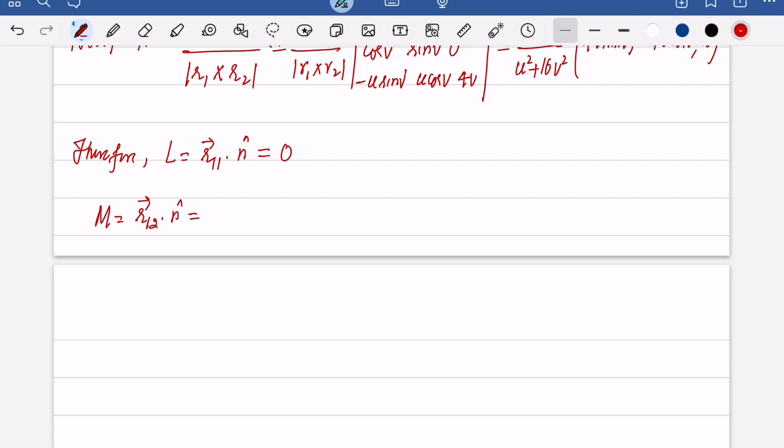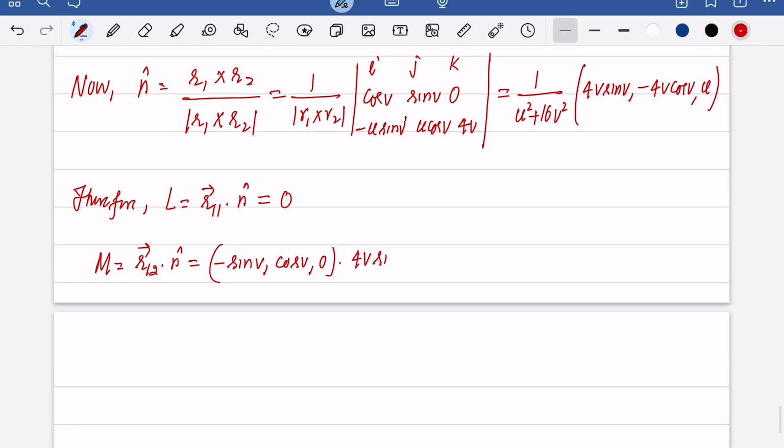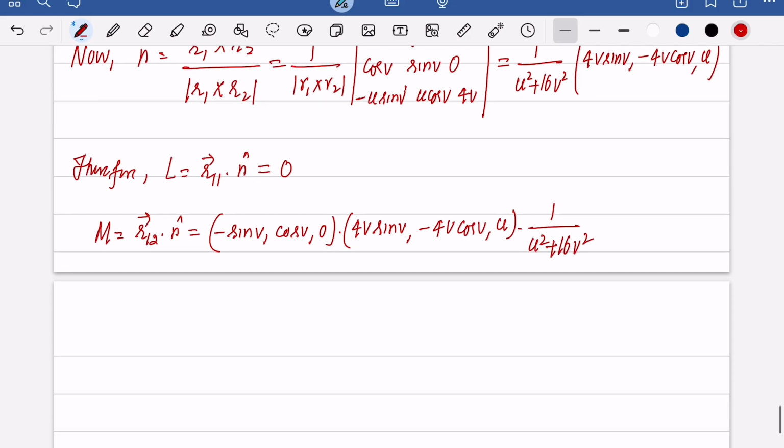Now r12 is equal to (−sin v, cos v, 0), dot this unit vector, which is (4v sin v, −4v cos v, u), divided by the square root of u² plus 16v².